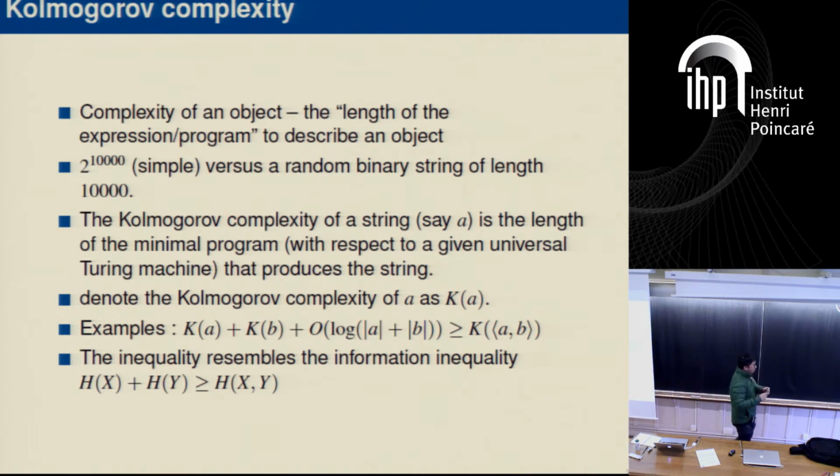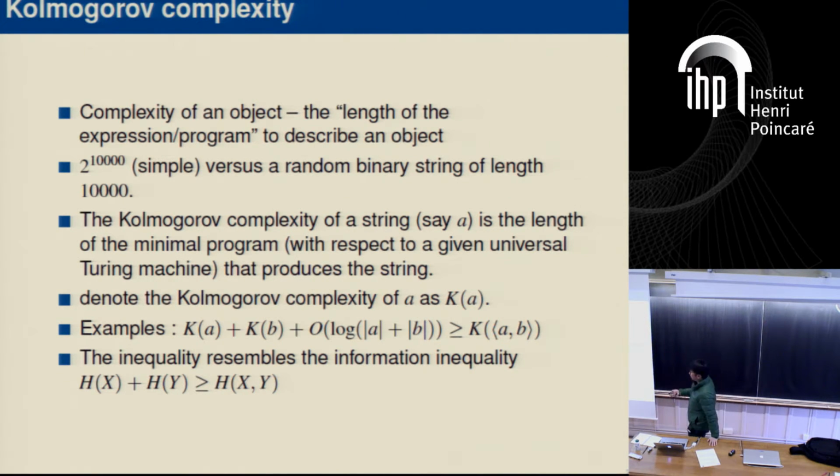So how complicated your string is is proportional to how long your program is. In that case, let's say we call the Kolmogorov complexity of a string A the length of the program that is needed to print out that string.